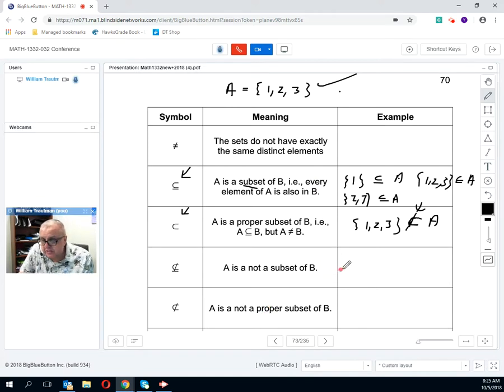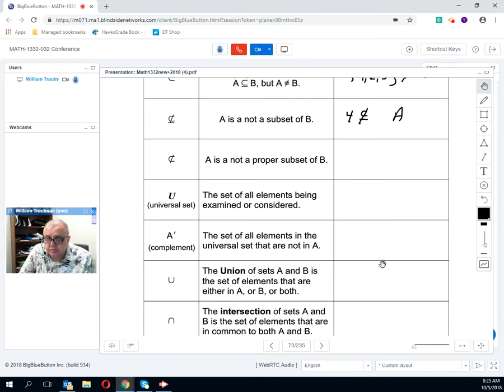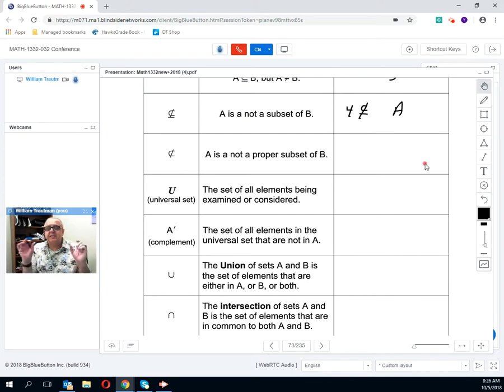I hope that makes sense. 4 is not a subset of A, right? Because there's no 4 in it. So that's the difference between subset and proper subset. A proper subset can't have the exact same elements in it. In other words, you can't have two sets that equal each other.